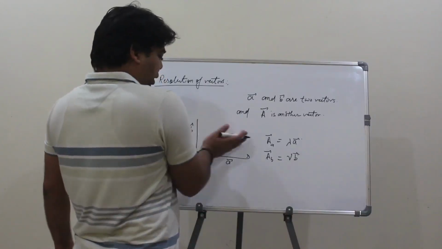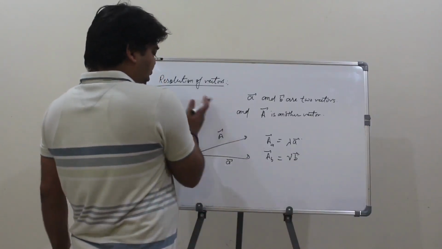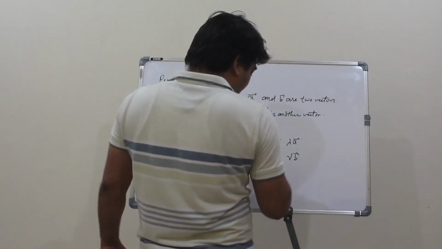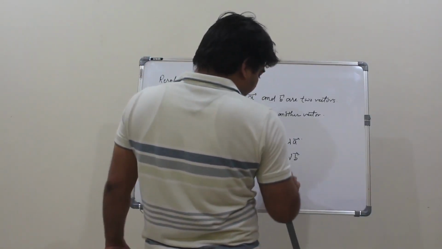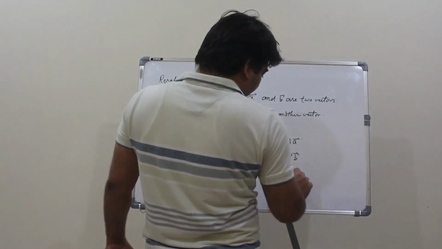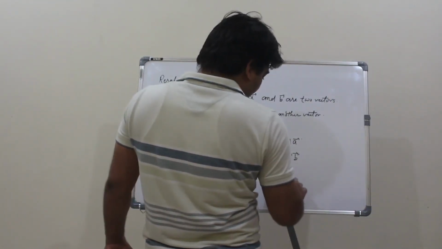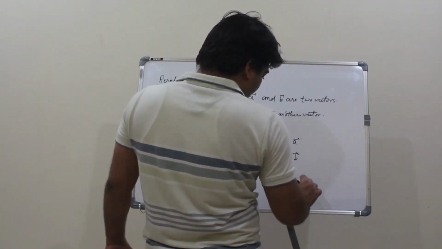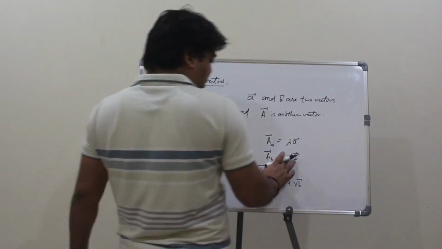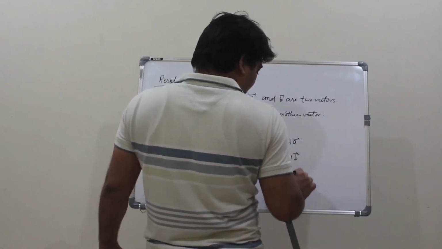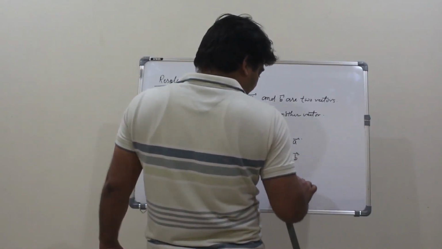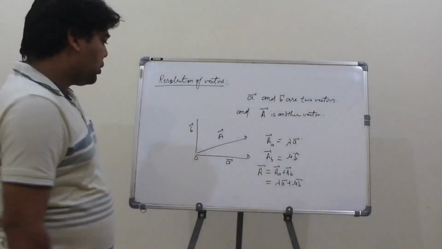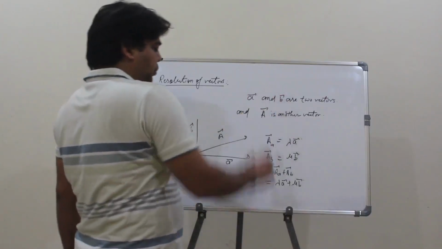You can take its component which is parallel along b. So the vector A can be represented as lambda times a plus mu times b. Right? So this is vector resolution, a simple way.